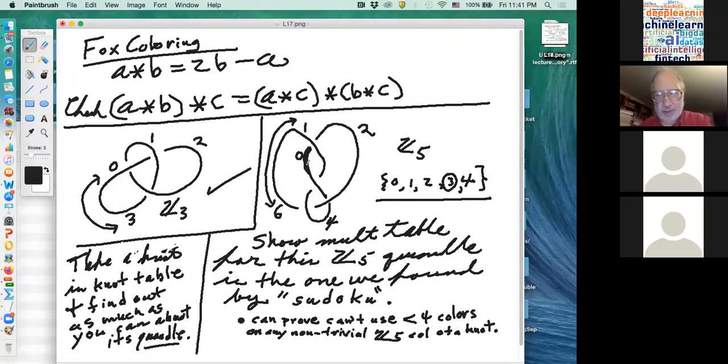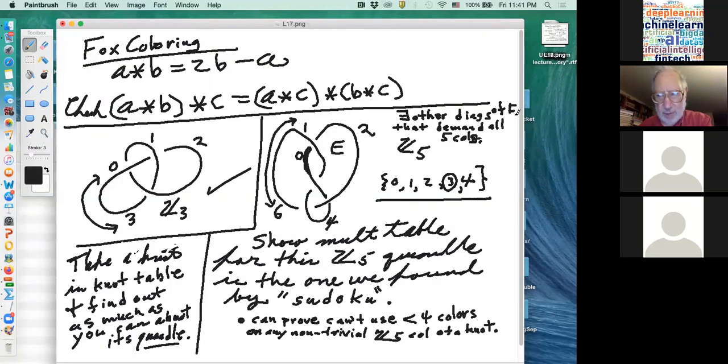An easier thing is to show that there exist other diagrams that demand all 5 colors. By which I mean other diagrams of the figure 8 knot.